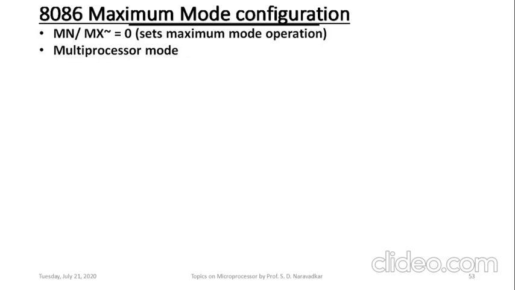It means that the 8086 processor alone may not be present in the system. There is a provision for connecting an NDP 8087, which is used for floating point operations, or an IOP 8089 for performing IO data transfer operations. There may be connections of these types of auxiliary devices. That's why it is called a multiprocessor mode.